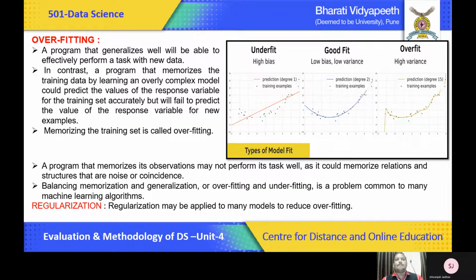Now, sometimes what happens? A few sets of data, which is trained data, fit a particular scenario, but if you take a new data set, it may have different kinds of responses. That means it may not be predicted exactly.